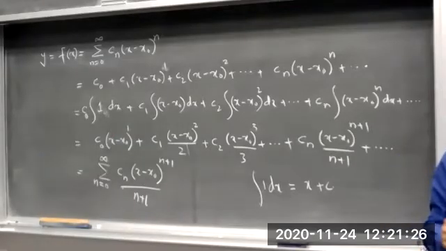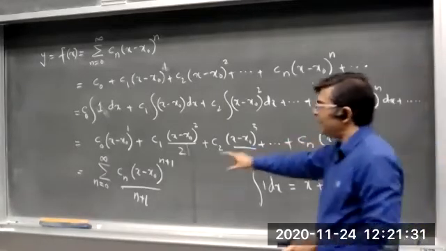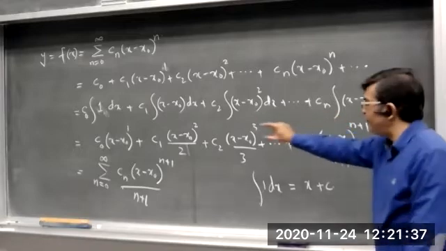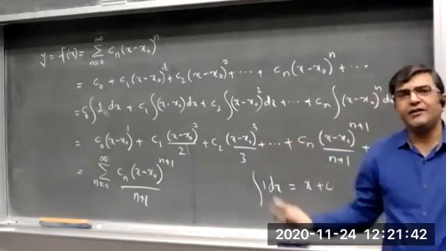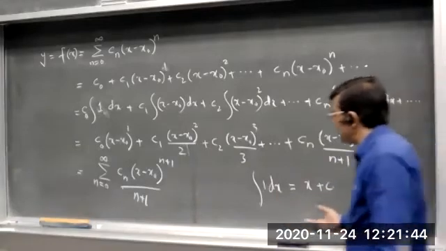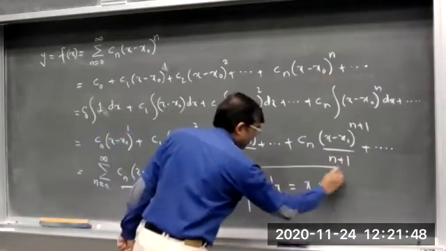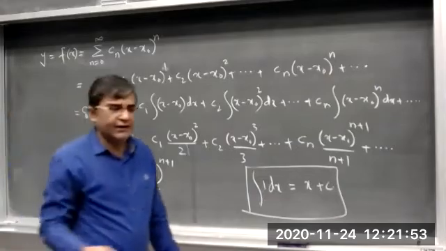Yes, sir. Okay. Just for our convenience, instead of x, we write x minus x naught, to bring the uniformity in the series, because when you take the integral of some function, you have to add an arbitrary constant in that integral, because that constant might be 0 while taking the derivative. I hope you get it.